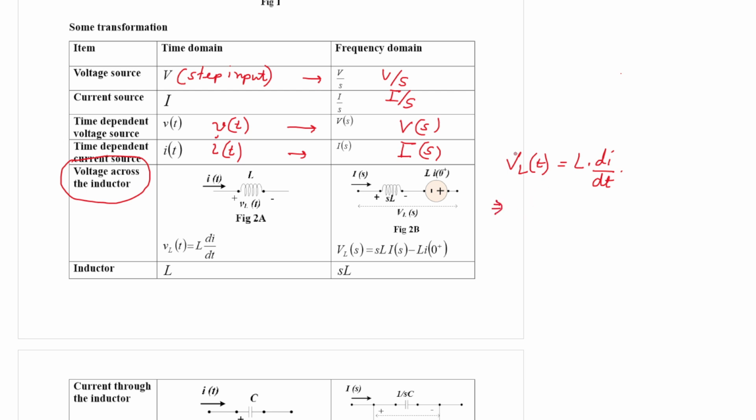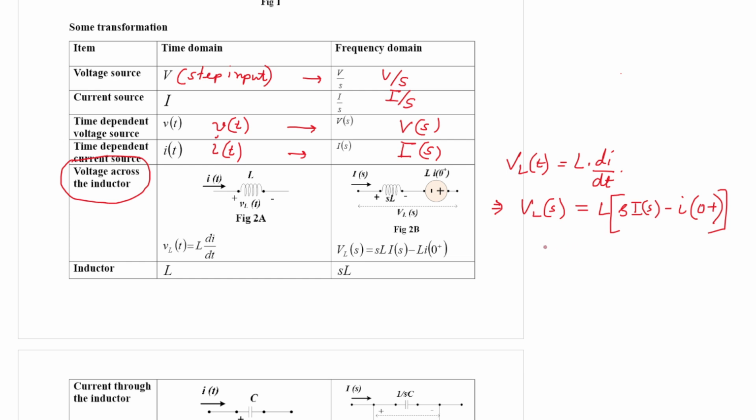If we convert it to the Laplace transform, then V_L(s) will be, following the derivative rule of the Laplace transform, if you remember, L times s I(s) minus I0 plus.